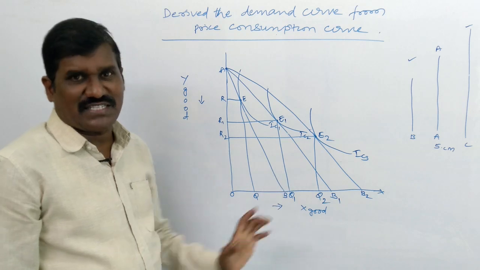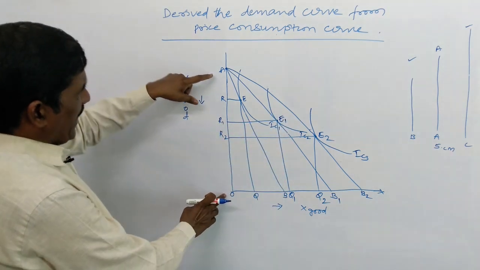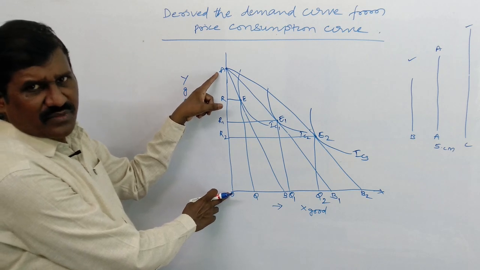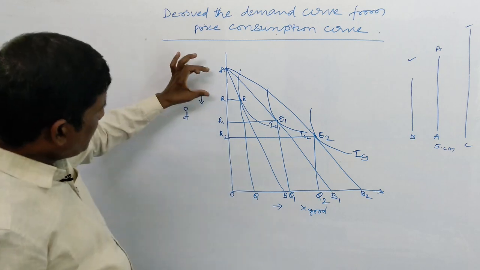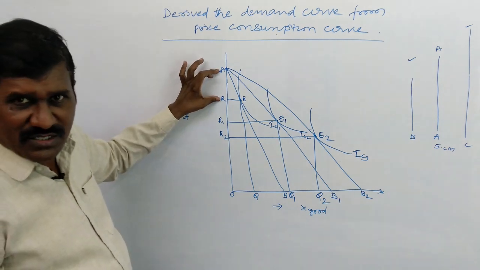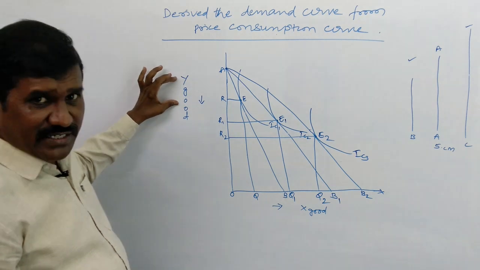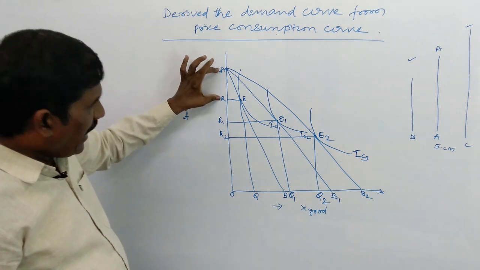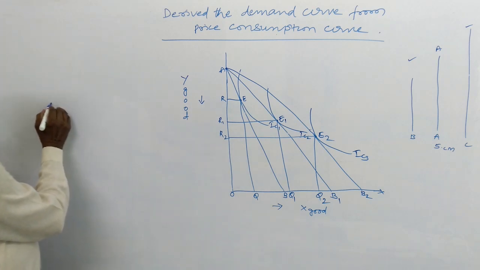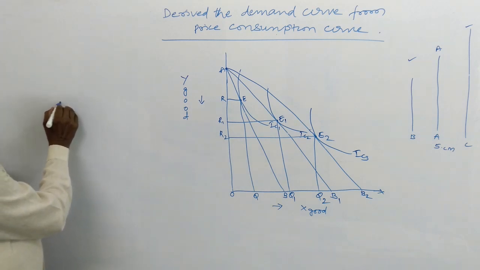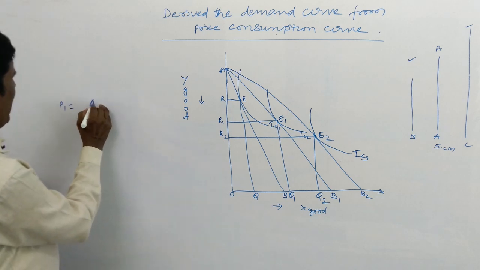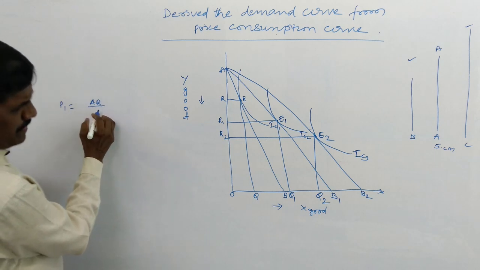But how much percentage? For example, the consumer has OA of income. How much does he spend on Y commodities? OR. How much income does he want to spend on Y commodities? AR. Here, the price P1 is equal to AR by OQ.